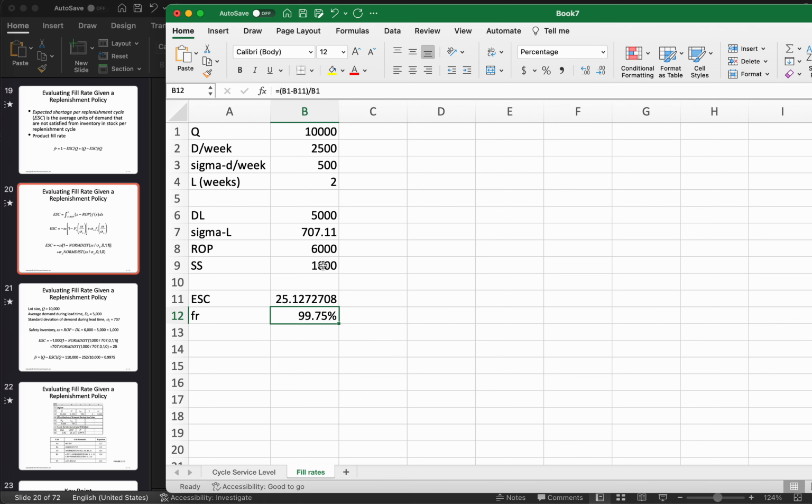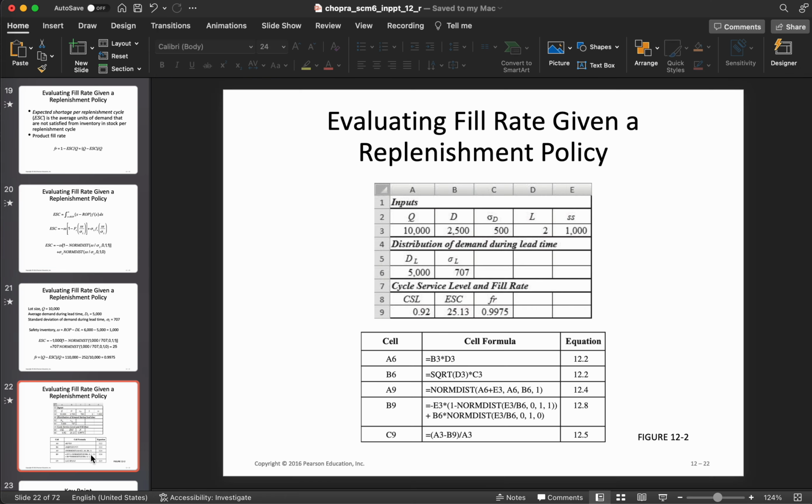But again, we usually set the cycle service level or fill rate and then calculate safety stock based off of that. Here, because the formulas are so much more complicated, we cannot directly calculate the safety stock from the fill rate, because the formula for the expected shortage is pretty gnarly.